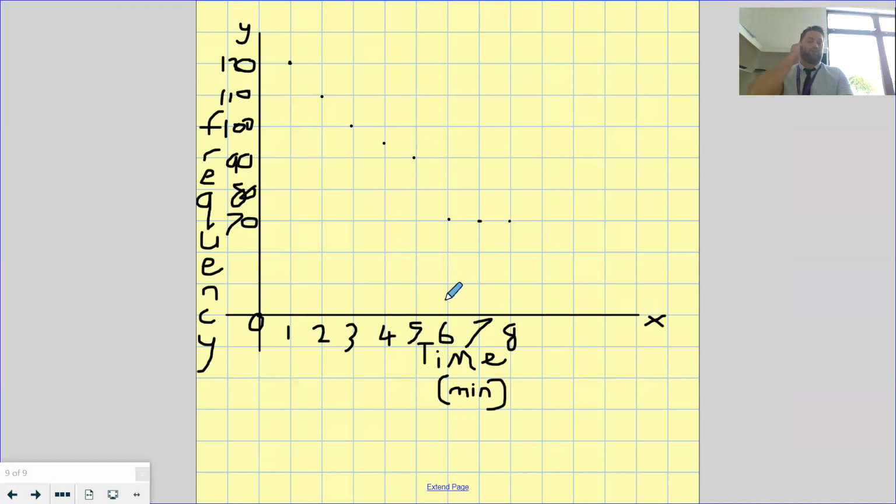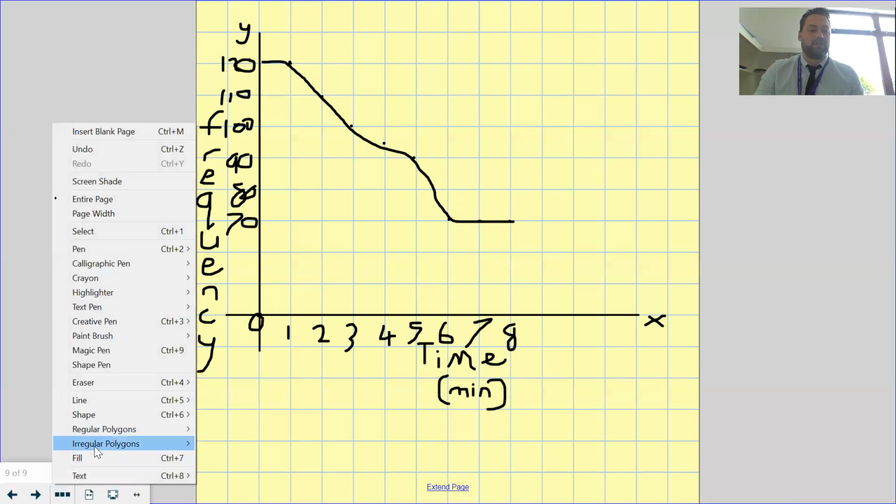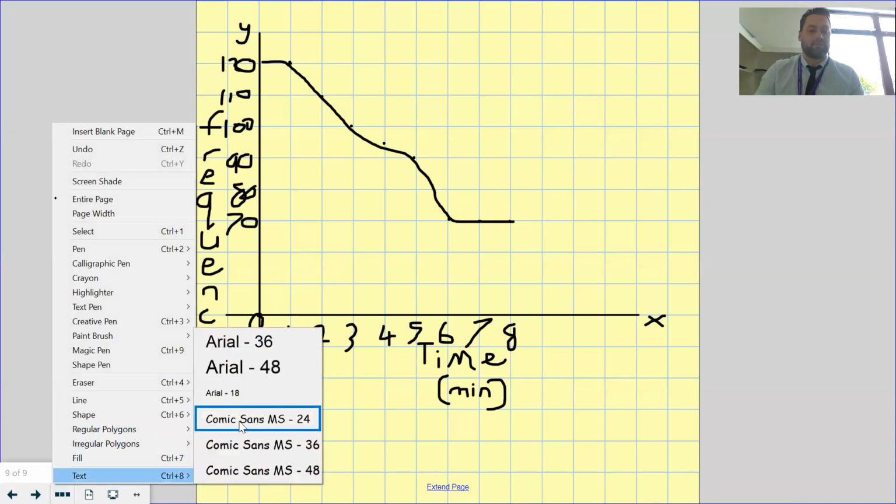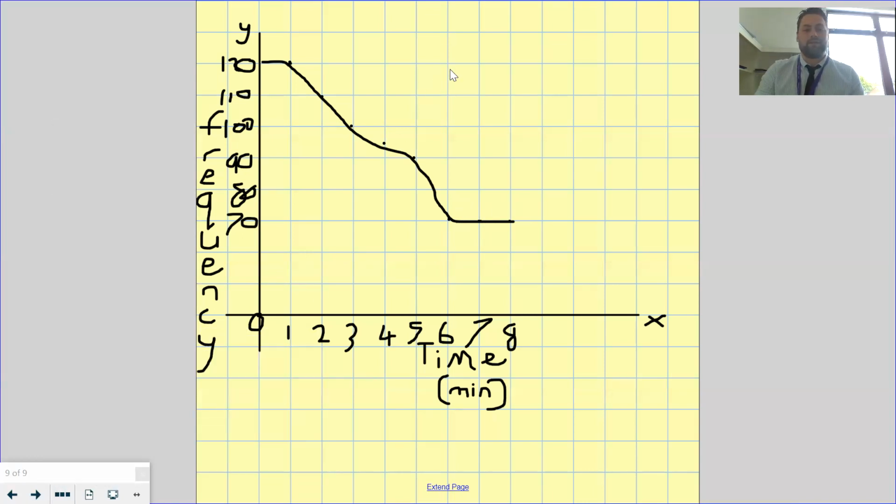So you draw your dots first. And then you draw with your pen, or pencil, sorry, you join the dots up in a line like that. And that's basically your line graph. You can then give your line graph a title. Oh, look, I could do it. There we go, that would have been a lot easier.